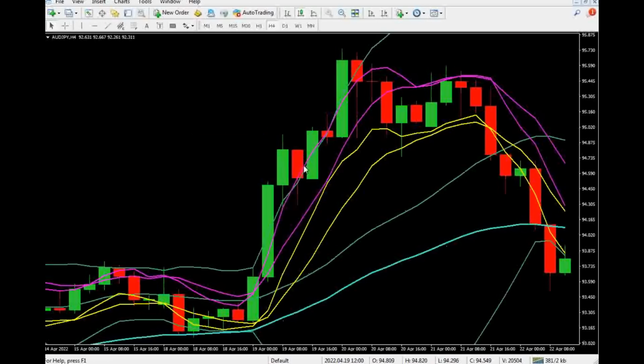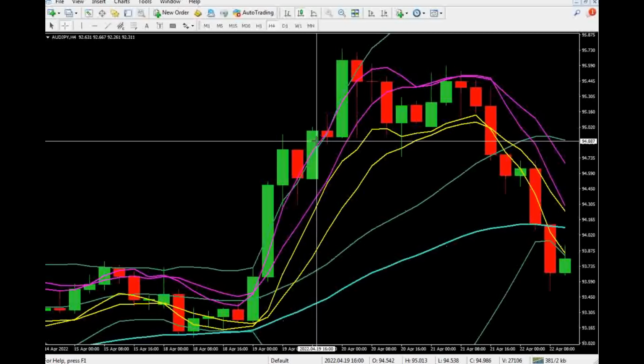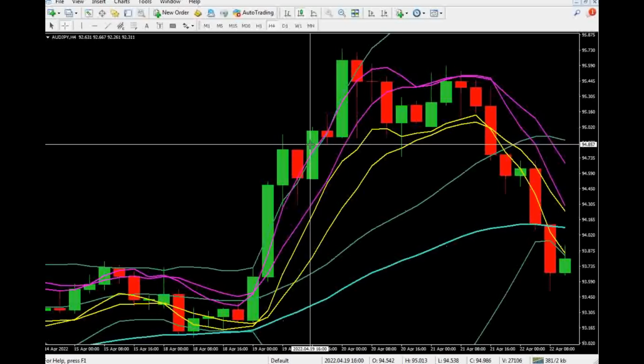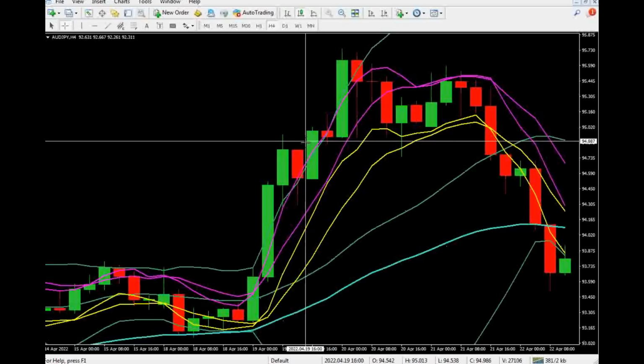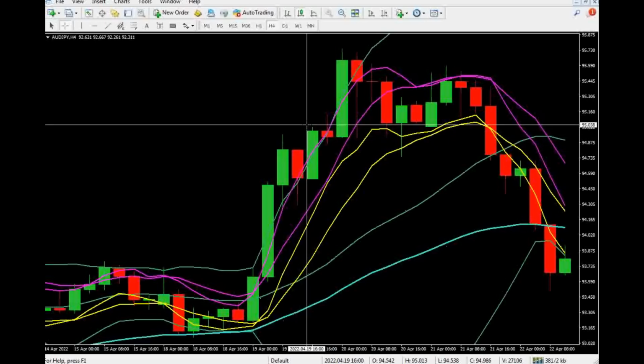After people open a selling position in here, remember we need to make a cut loss or stop loss area in here.